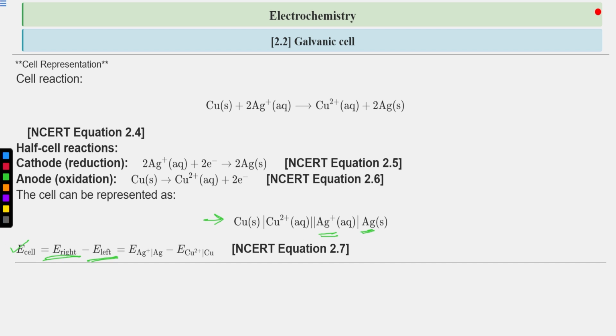So E of Ag+ to Ag minus E of Cu2+ and Cu. Okay, this is how you can find the potential difference of the cell, which is represented by this representation. This E cell equation is NCERT equation 2.7 given in our NCERT textbook.